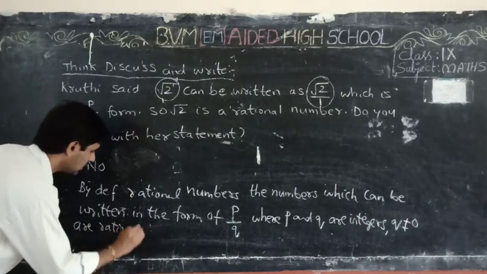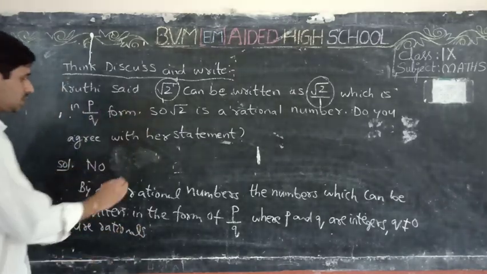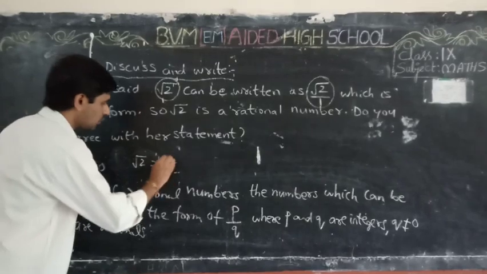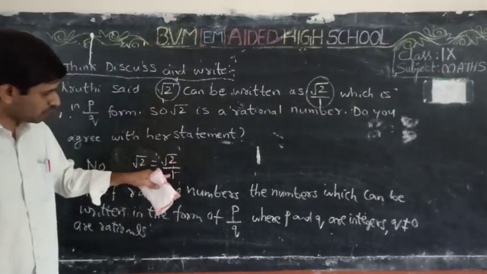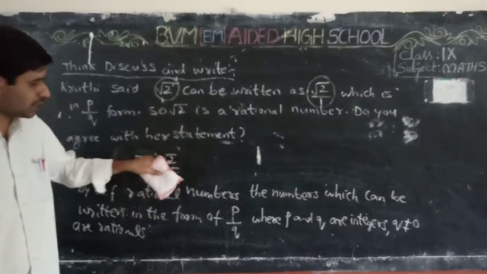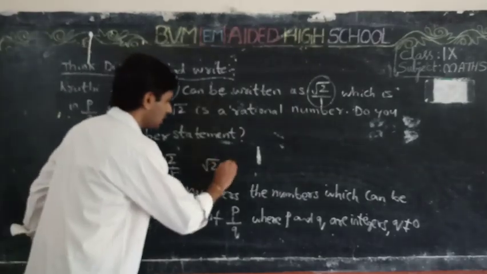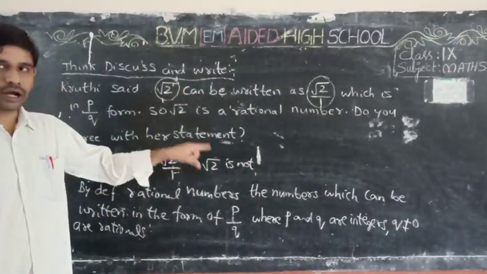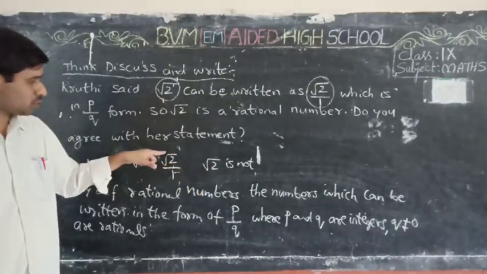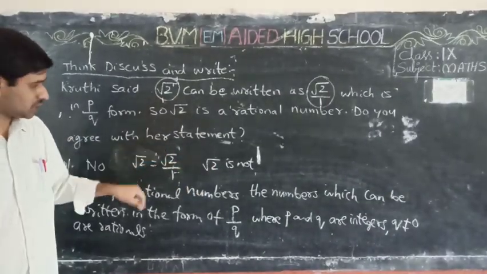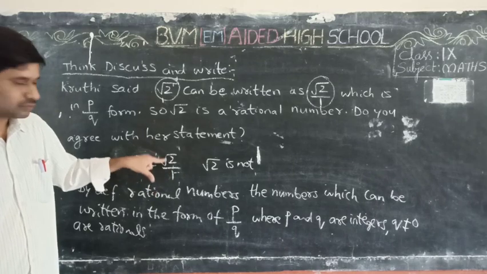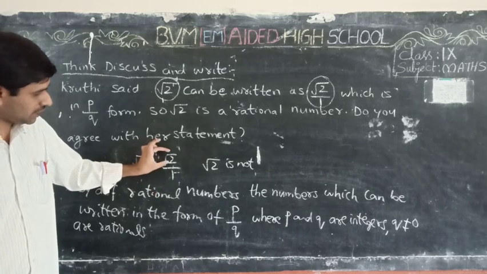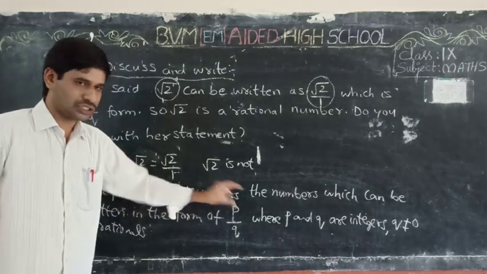But here she wrote root 2 as root 2 by 1. Root 2 by 1 is not a rational number. So root 2 is not rational. We already proved that root 2 is a non-terminating, non-recurring decimal. So root 2 is not an integer. Root 2 by 1 is not a rational number, since only integer by integer is a rational number.